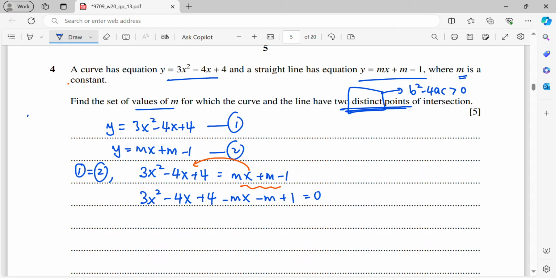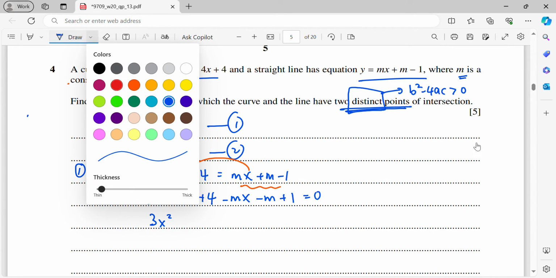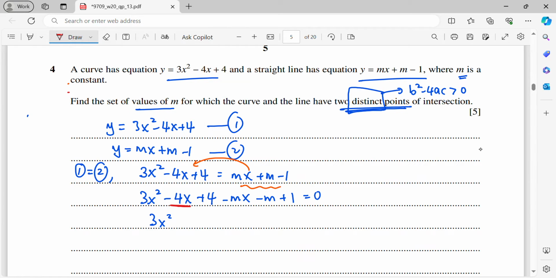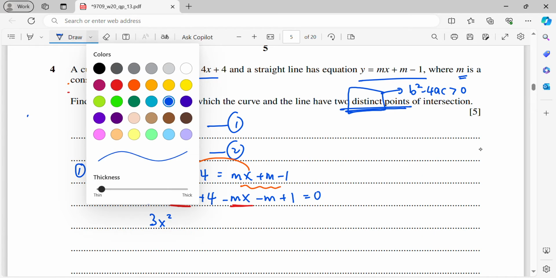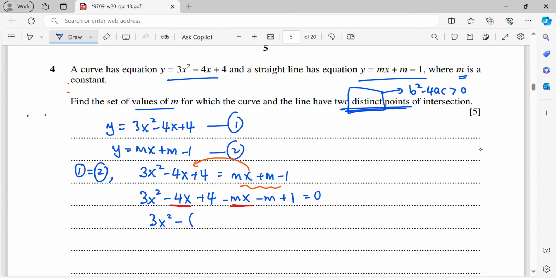And now, simplify this and arrange them in the general form of a quadratic function. So it will be 3x squared. Now, for the coefficient of x, see here, I will factorize minus (4 plus m) times x.